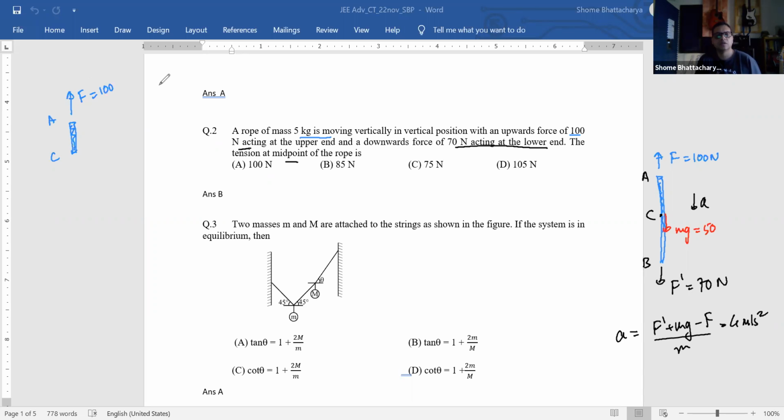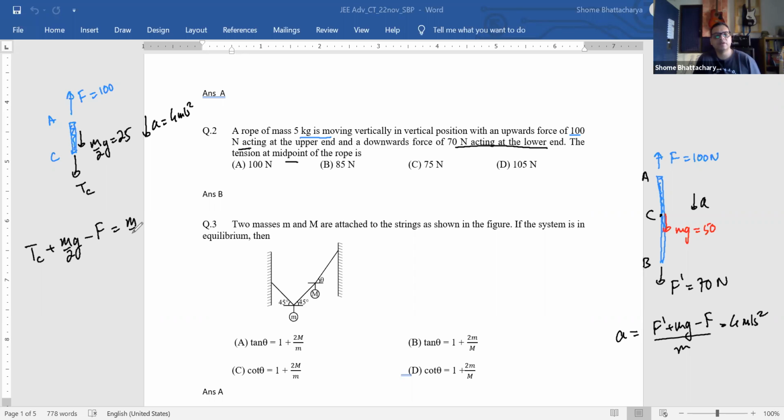here, but there will be this unknown tension at this point like this, and there will be m by 2 g, which is going to be 25 newtons, and it will have this downward acceleration of 4 meters per second square. So Tc plus (m/2)g minus F should be equal to (m/2)a.